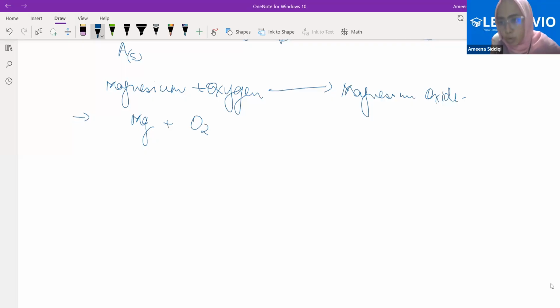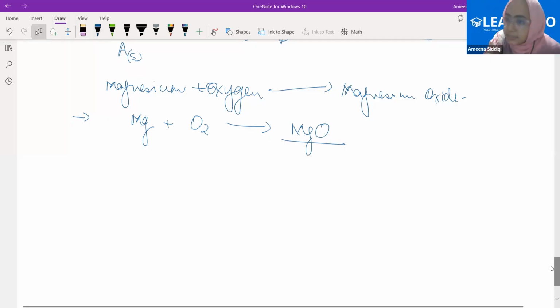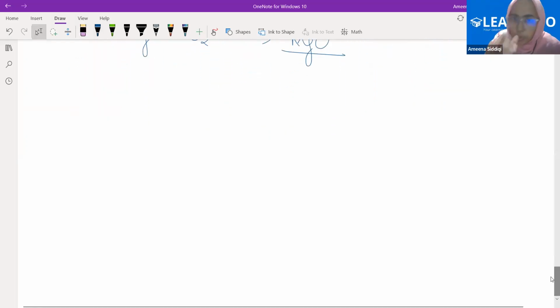This is a symbol for oxygen. And magnesium oxide is a chemical formula, because it is a compound. I hope you know the difference between the symbol and the formula. Yesterday we discussed in detail how we get to know the chemical formulas. Clear? Yes.